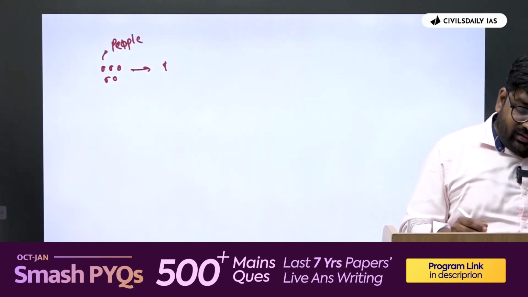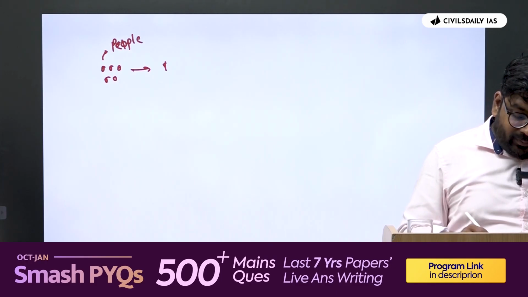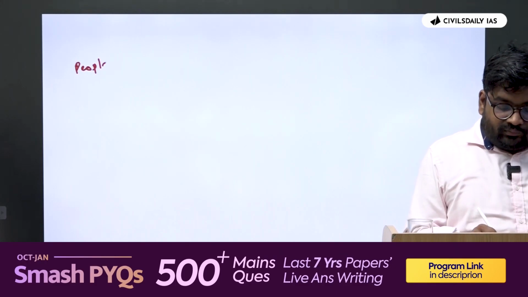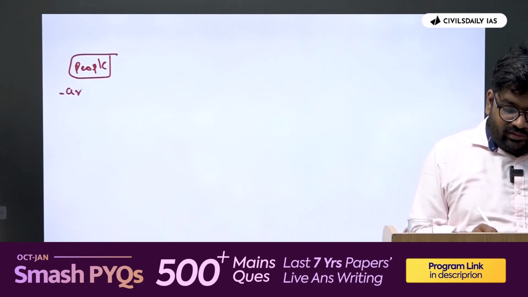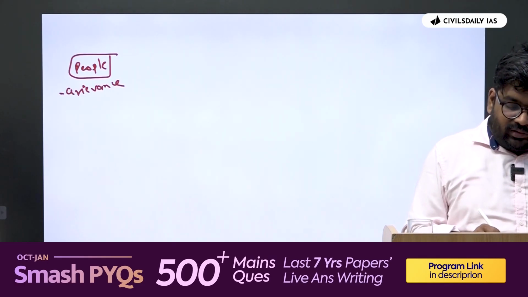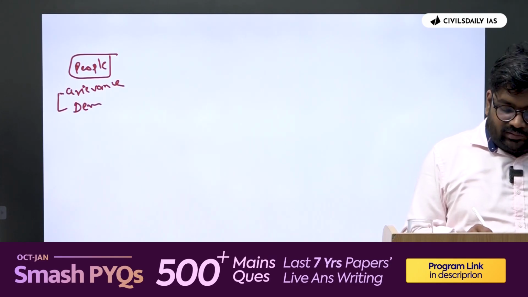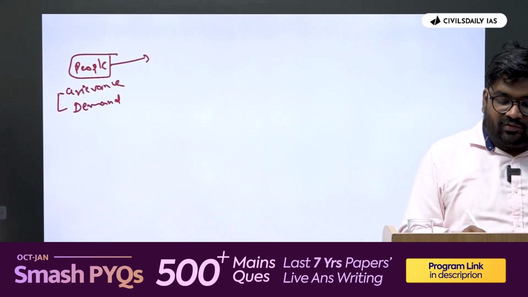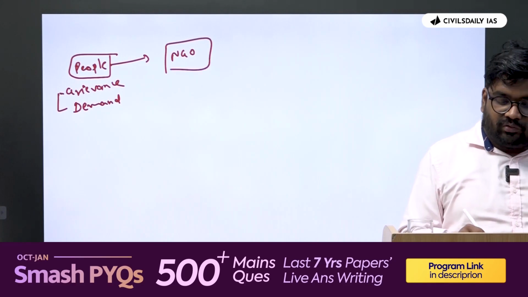So similarly, this is for the self-help group. Similarly, for NGO also, people have the grievances and demands. They go to the NGO. What does the NGO do? They articulate the interest.